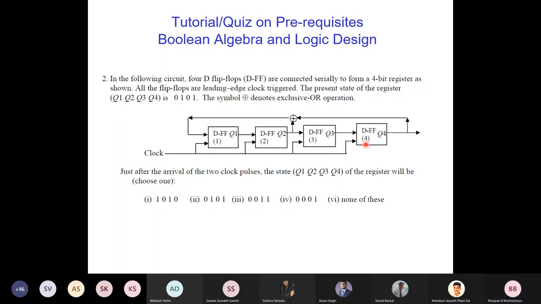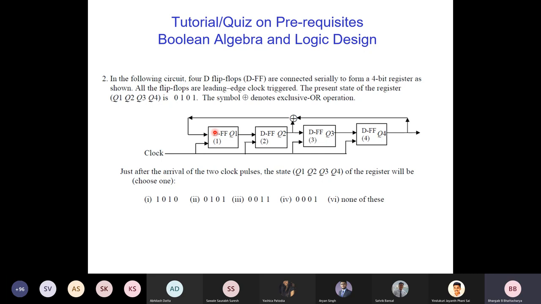All right. So you remember the operation of a D flip-flop? The question says that since this is a D flip-flop, initially, before starting my experiment, there should be some values of Q1, Q2, Q3, and Q4, right?